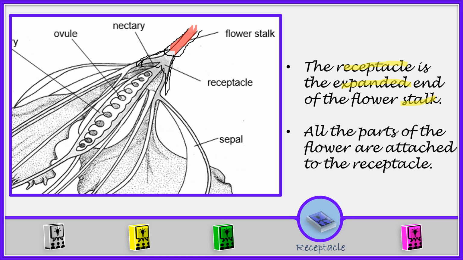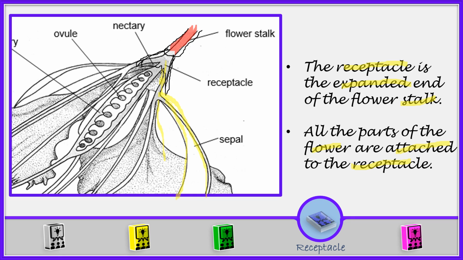The parts of the flower are attached to the receptacle. So you can see most of these parts of the flower. For example, we have the petal. This petal comes like this, and it joins there, and it attaches itself on the receptacle. Then you also have here the sepal.